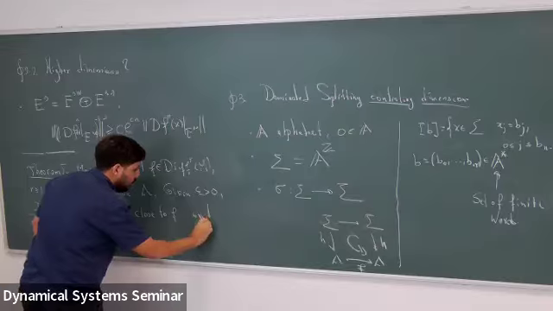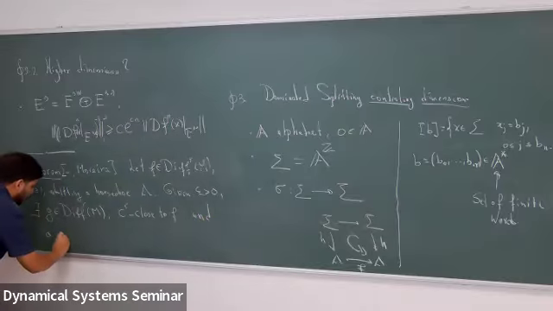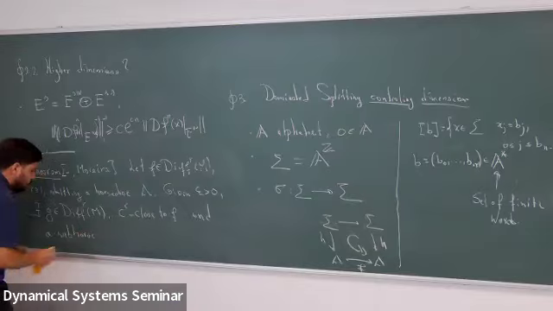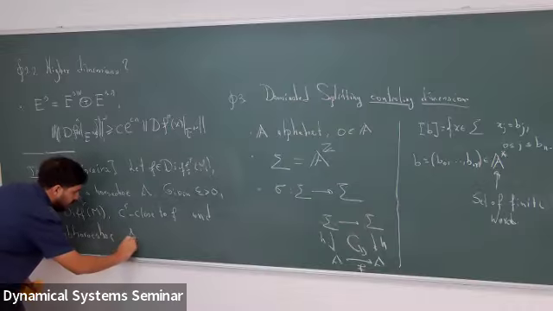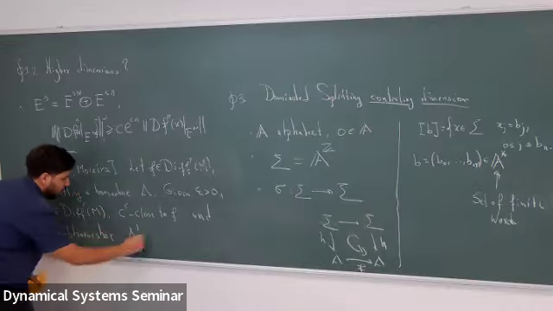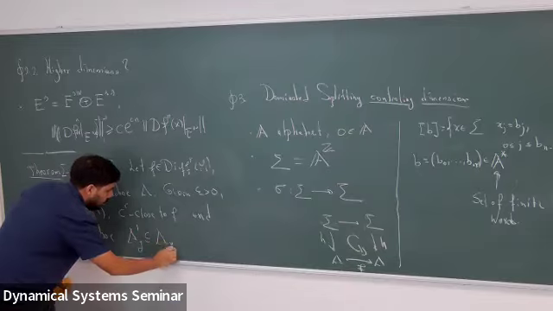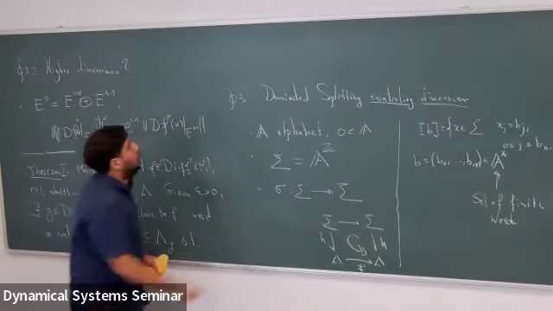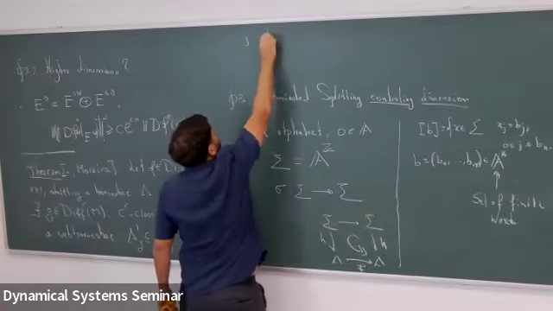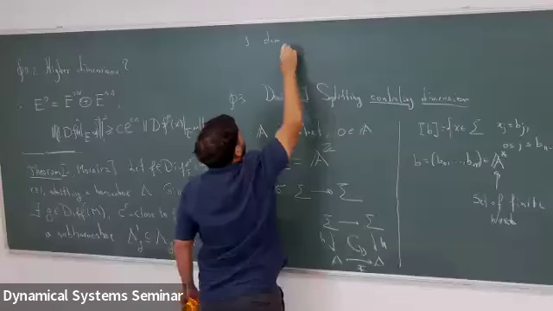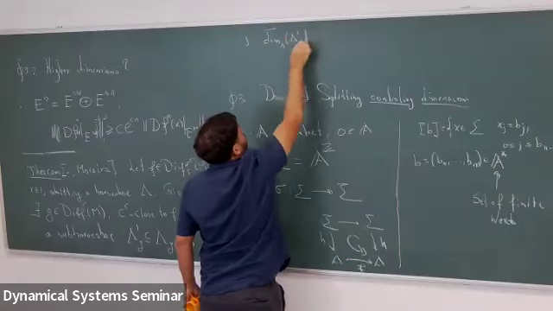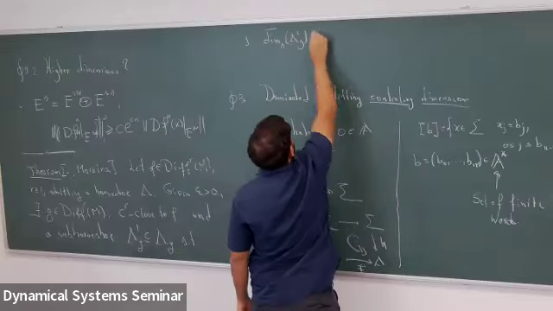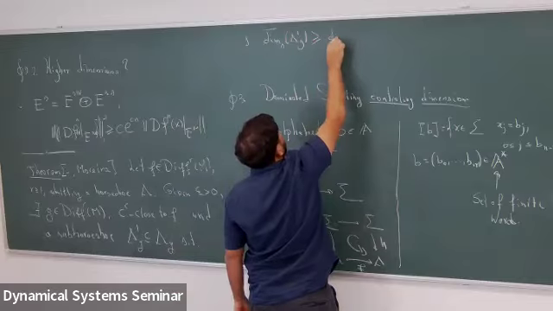First, there is a sub-horseshoe, so it will be a subset with a nice structure, Lambda_G' contained in Lambda_G, such that the upper stable dimension of Lambda_G' is close to the upper stable dimension of the horseshoe of F.